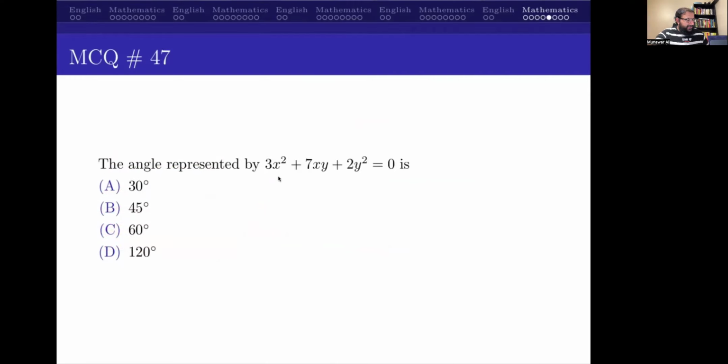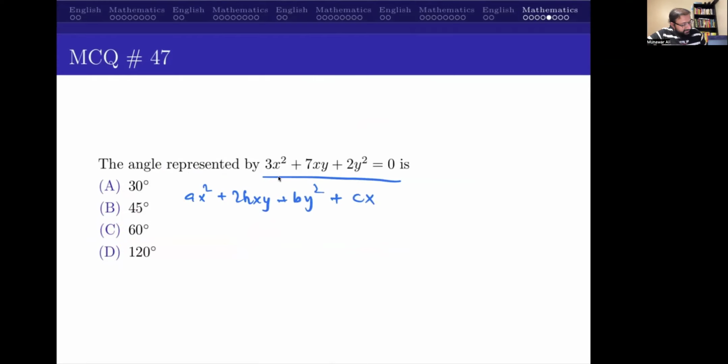So then this problem is, I think from your intermediate book, you have to evaluate some sort of angle. First of all, you have to compare this one with ax square plus 2hxy plus by squared plus 2gx plus 2fy plus c equals 0.